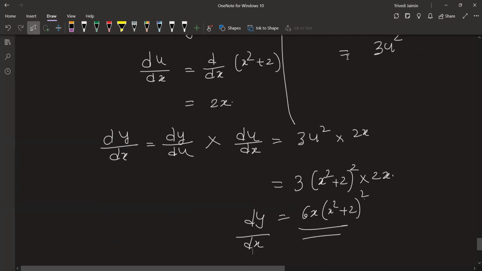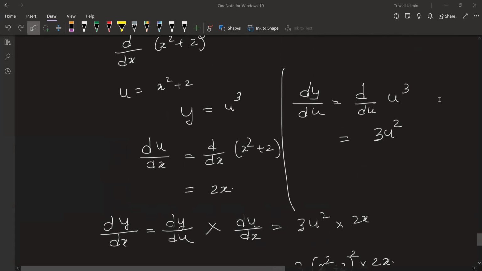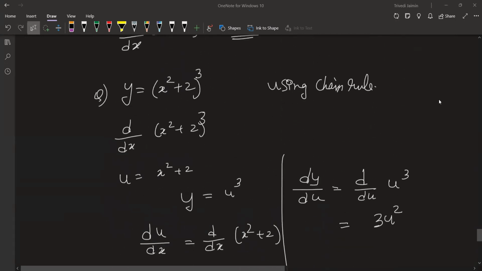Now, if they don't mention chain rule, we can do it either way. If you are getting confused with the chain rule and they just ask you to find the derivative, you can expand this with the a plus b whole cube formula: a cube, b cube, 3a square b and 3ab square, or whatever form you are using, and differentiate each term.